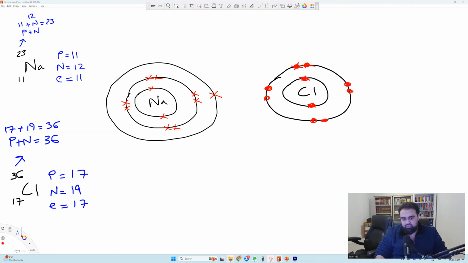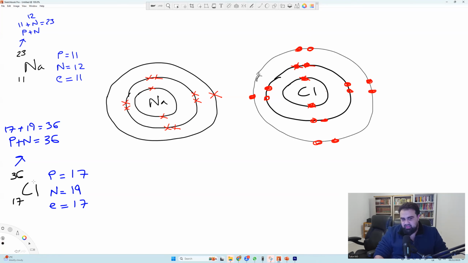And now we have this last shell. How many are in its last shell? It's allowed up to 8, but it's only going to have 7. Do you know why? It's because we said it has 17 electrons.